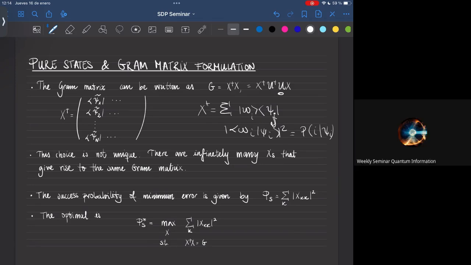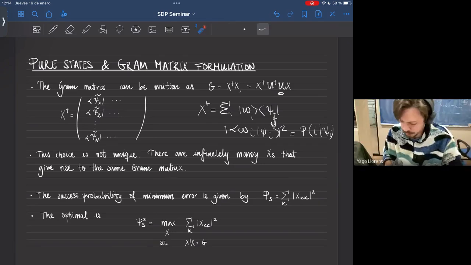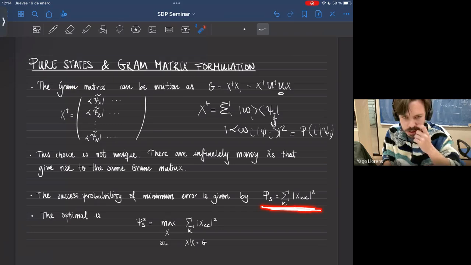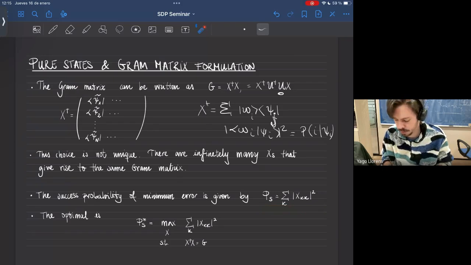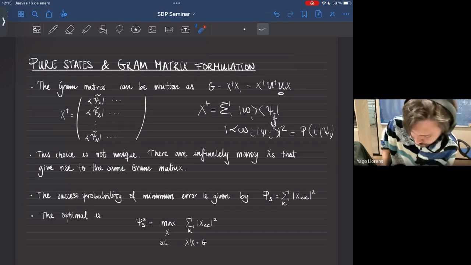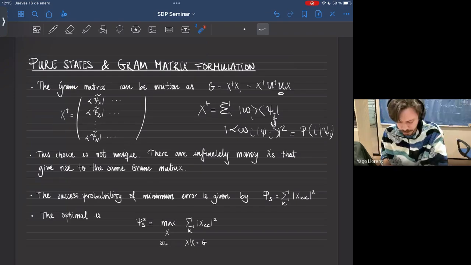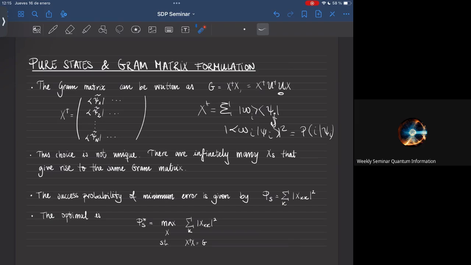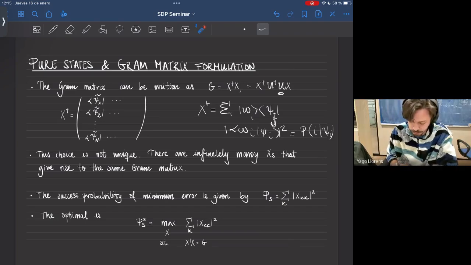Exactly. And this is why we are saying that the success probability, with this description of the ensemble or the Gram matrix, is the sum over k of the diagonal elements squared. Therefore the optimal solution is just maximizing over X.